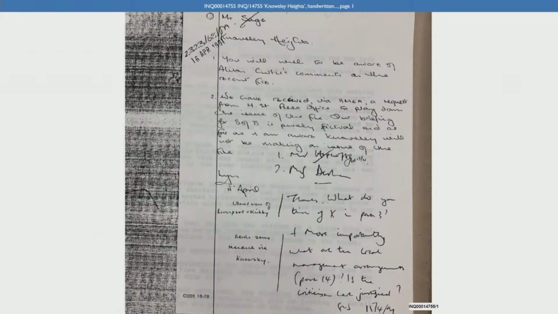Okay. Have you ever heard anybody discussing this fire, Knowsley Heights, in these terms or anything similar? No, I haven't. So you never heard anybody discussing a request from government to play the Knowsley Heights fire down? No. I mean, around that time, I would not have been involved in the fire investigation activities at all.